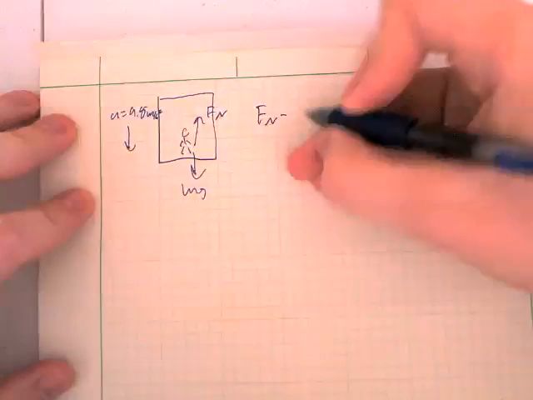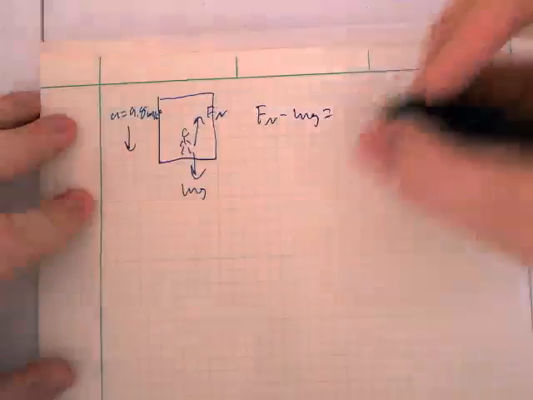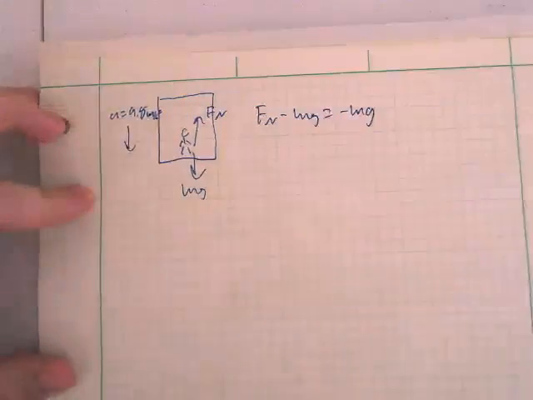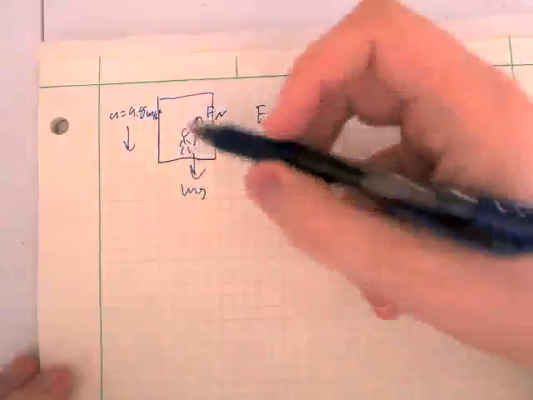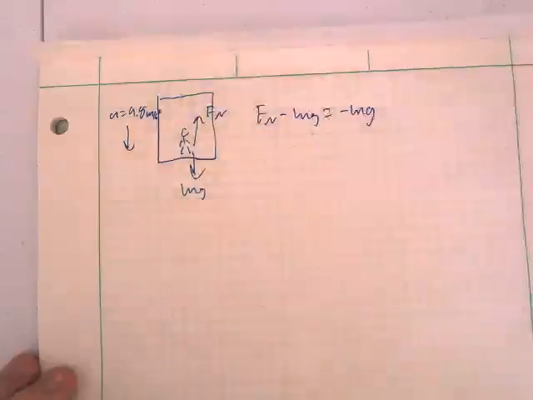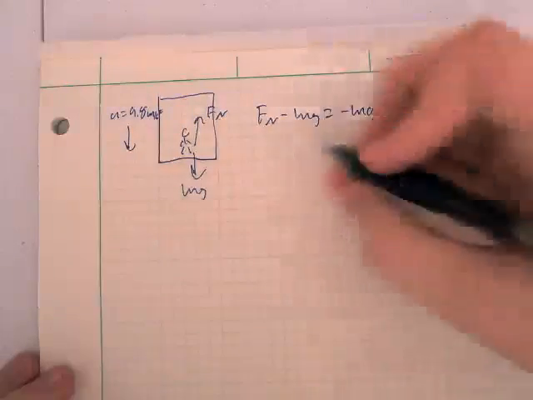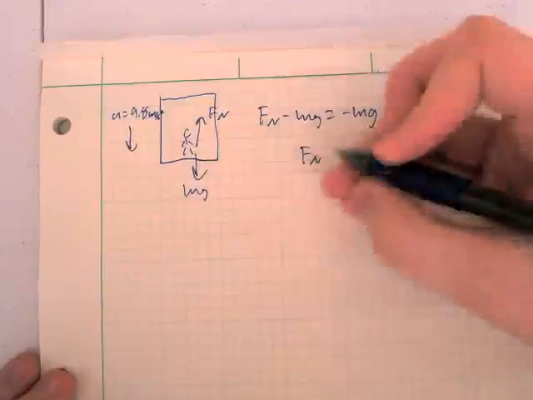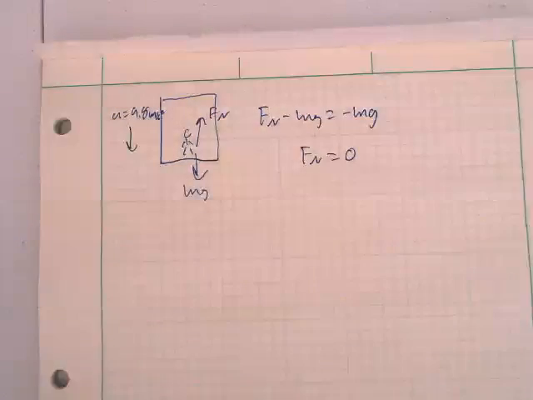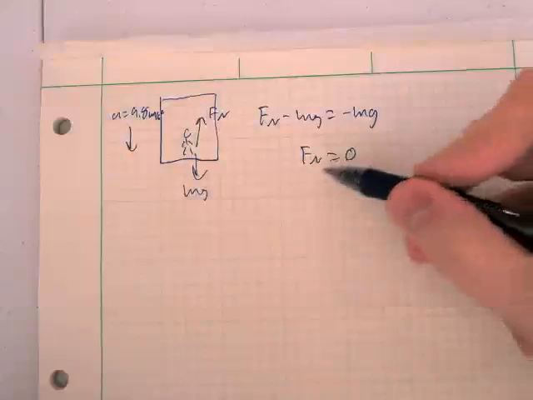We have Fn minus mg equals minus mg. So in this case, I am accelerating down at 9.8 meters per second squared. And what is the magnitude of the extra force that I experience? I am accelerating down, I experience an extra force up such that my weight actually cancels out.